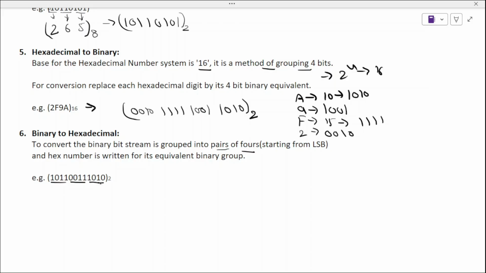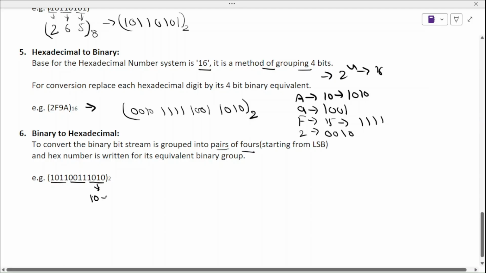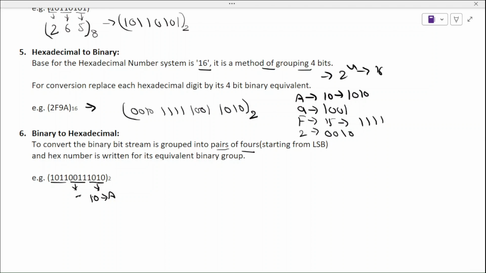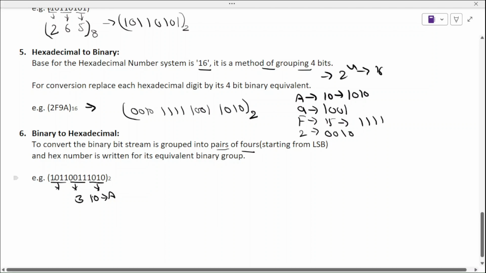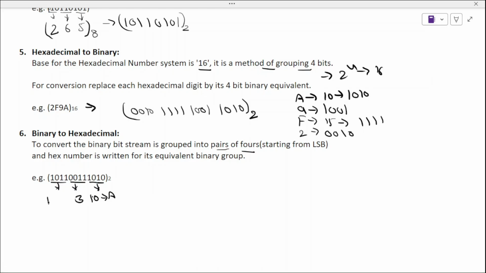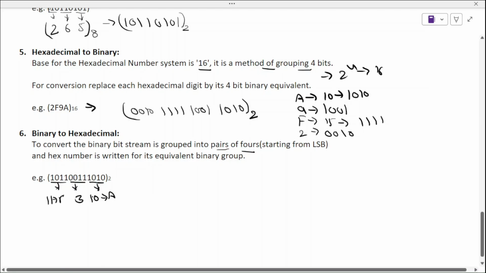So 1010 is 10, and 10 is A in hexadecimal. 0011 is 3. 1011 is 11, and 11 is B in hexadecimal. So my number is B3A in hexadecimal.